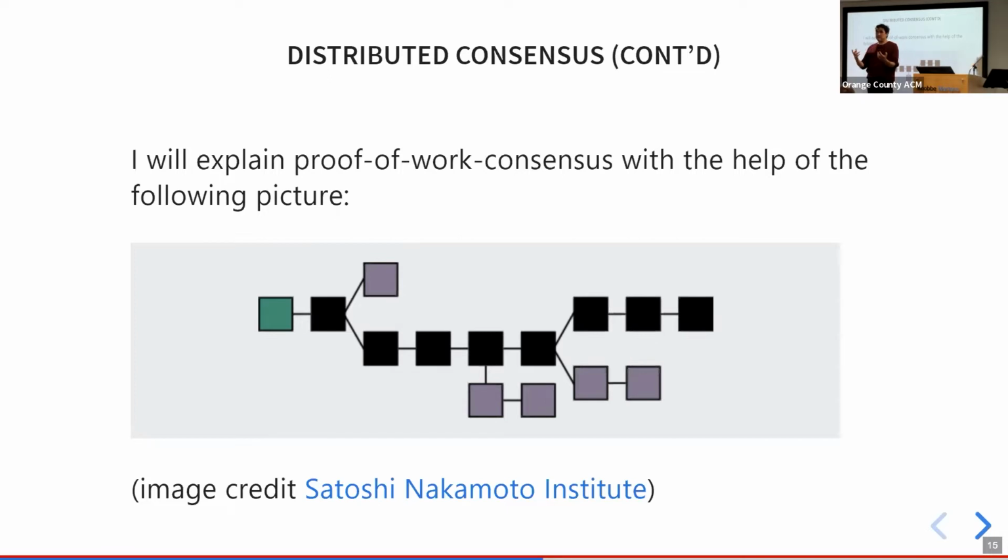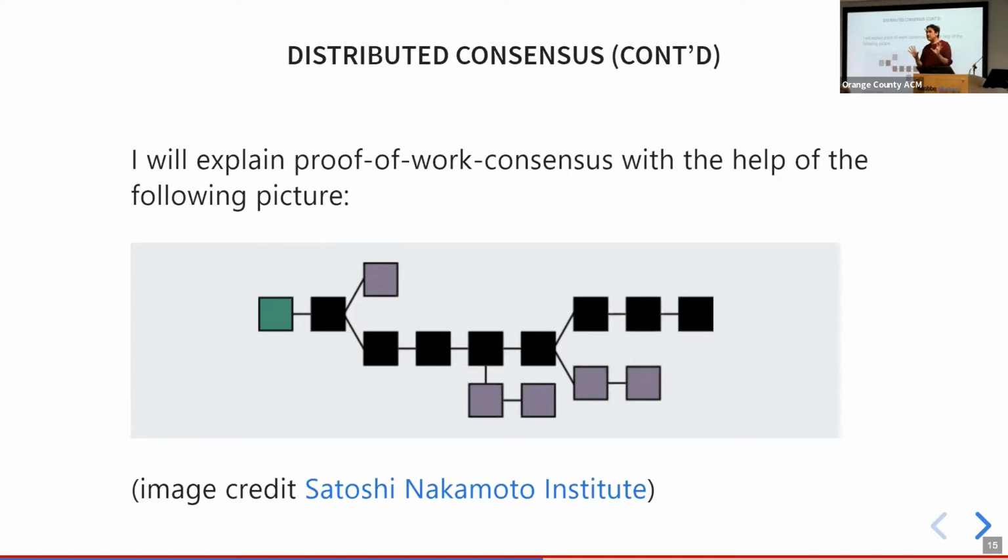And after some time, these slower branches will be abandoned. It would be contrary to your own interests, right? You want to get paid, so you won't try to append a block to a shorter branch. Okay, so that's the basic idea.